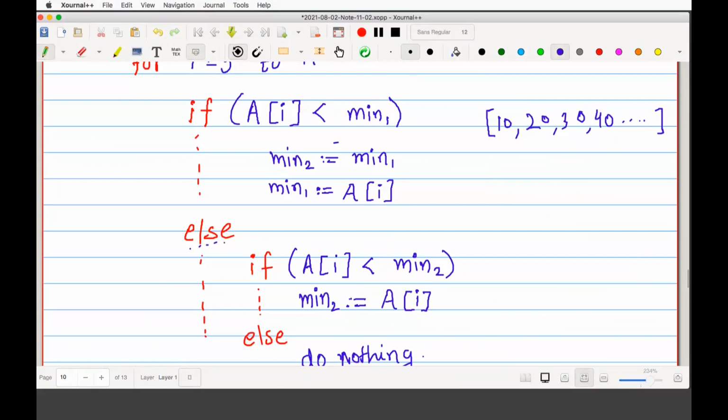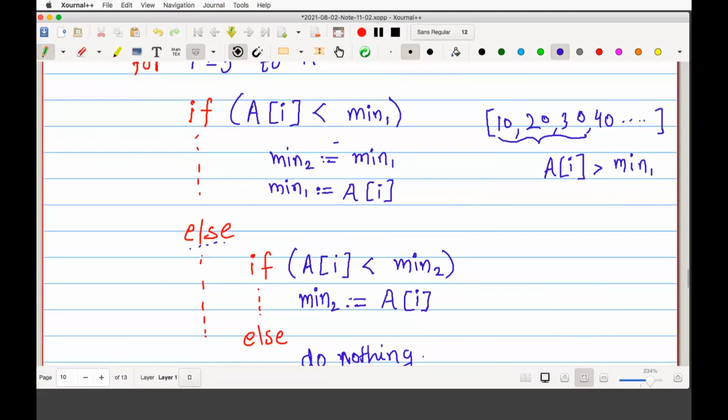So you go into the second comparison if your ith element is greater than your current minimum, right? Clearly this sorted array has this property, because every element is larger than the minimum seen so far. So every time you will go into this else case, and you will see two comparisons.